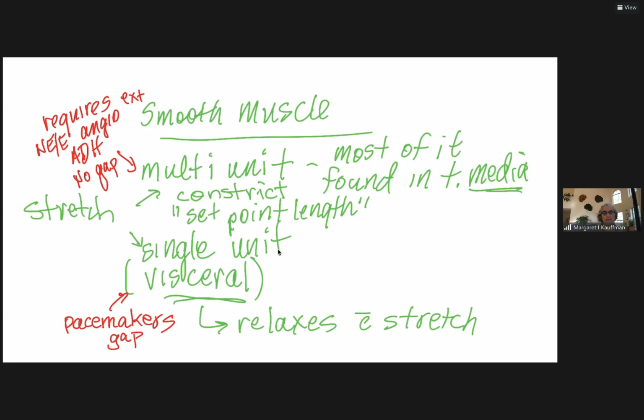Okay, so in that brief but not spectacular way in which I tried to outline these two differences, let's go back to this multi-unit and the myogenic. The book is going to make it sound like this is a local signal in order to control, that's affected by the local conditions, like the tissue needs more blood and therefore it has low oxygen, high CO2, and that's not the case at all.